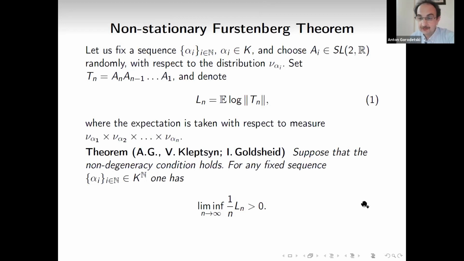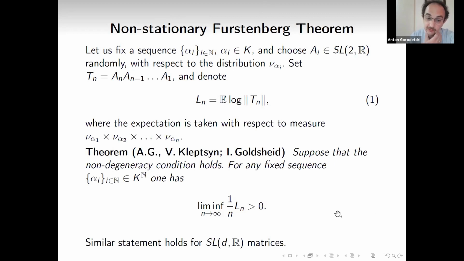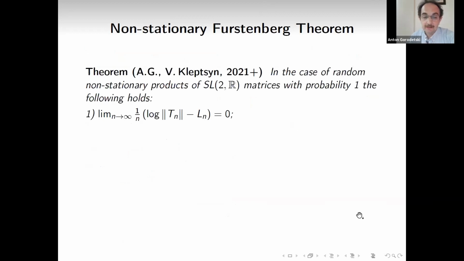But this is certainly not quite the generalization that we're looking for. What I'm looking for is some analog of the strong law of large numbers. As I said before, a similar statement holds for d-dimensional matrices. The statement that is much stronger and more interesting is the following.